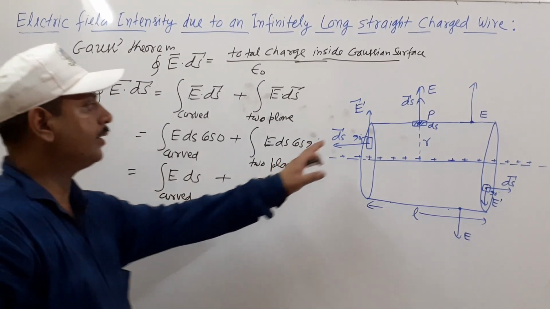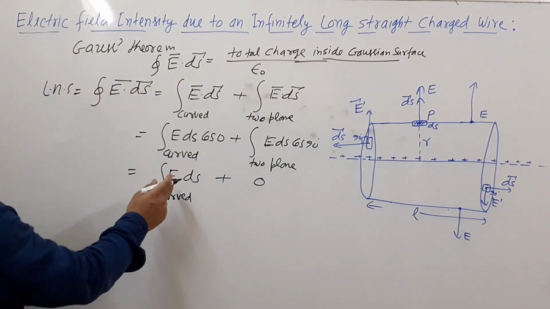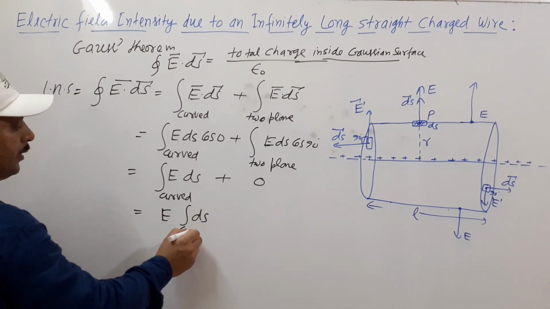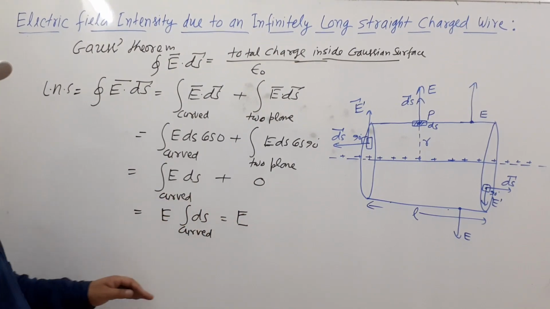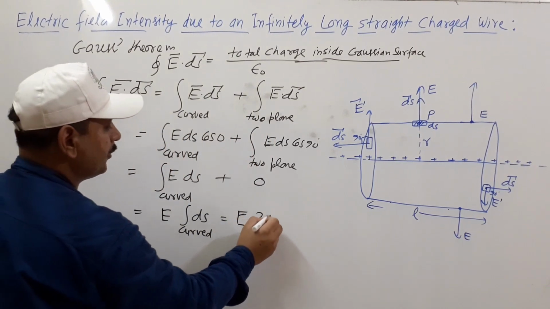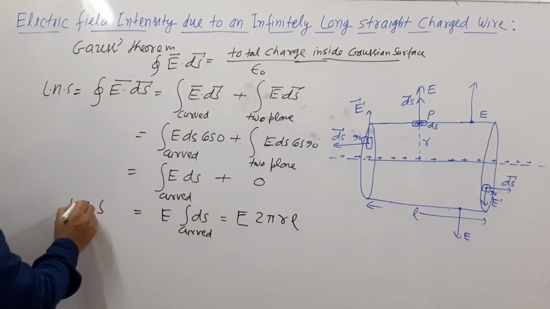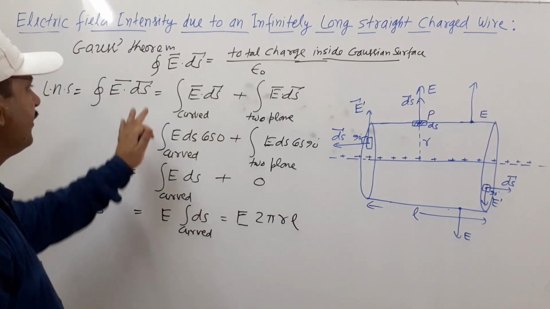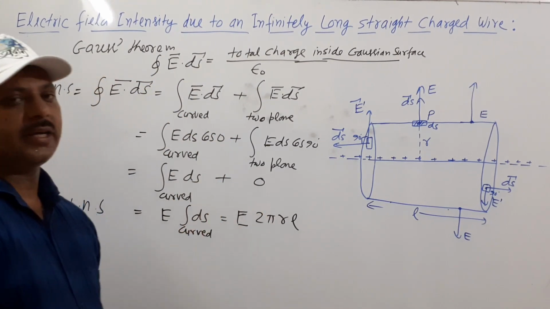This is for curved surface. I have told the magnitude will be same due to symmetry. So E you can take out, integral of ds over curved surface, and what will be the total area of curved surface? The length is L, radius is R, so that is 2 pi r L. LHS, total flux for the Gaussian surface, I have calculated, is E 2 pi RL.